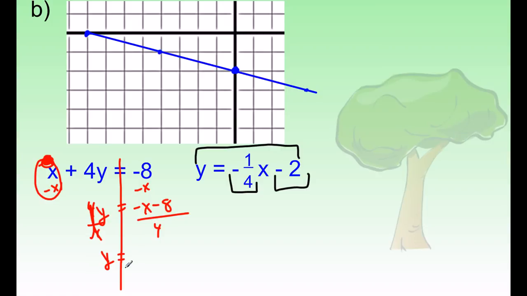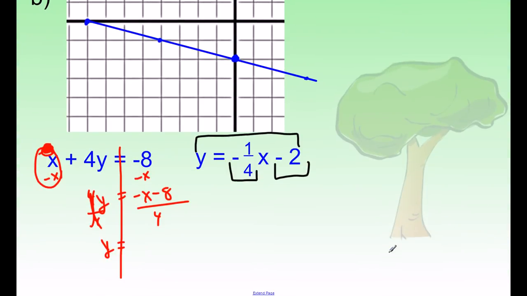Y equals, you probably guessed what's going to happen since the title is the overlapping lines. It's the exact same thing as the last problem. But if you didn't, yes, this is -1x. So -1/4x, because that fraction does not simplify. It does not divide. So we're going to leave it as a fraction because we like our slopes as fractions. And -8 divided by 4 is still -2.